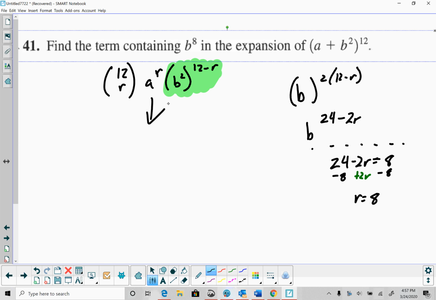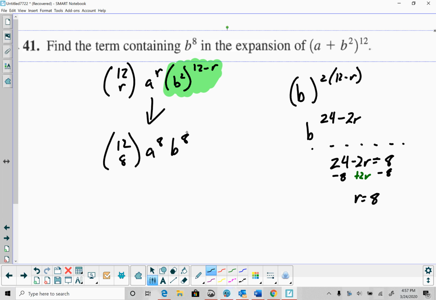So from here, we can be more specific that this is the combinations of 12 choose 8 times a to the 8th. And we already know that's going to be b to the 8th. So the tricky part here was figuring out which term contains b to the 8th in its final expansion.